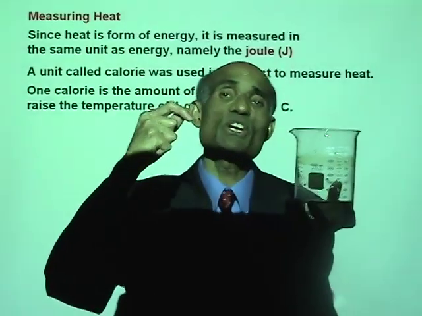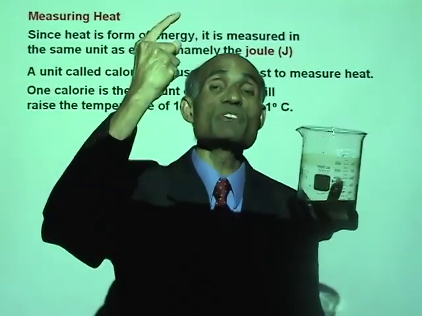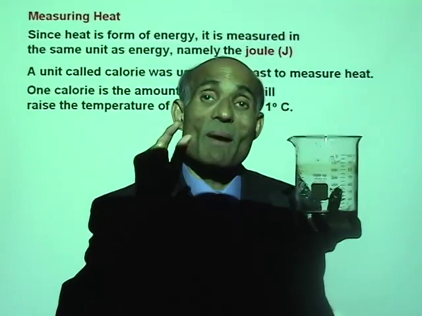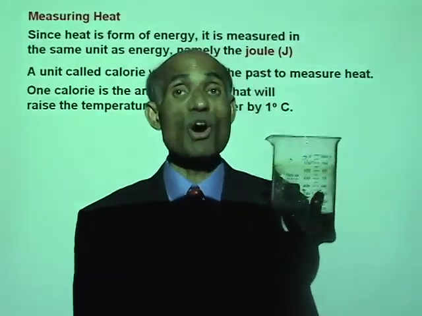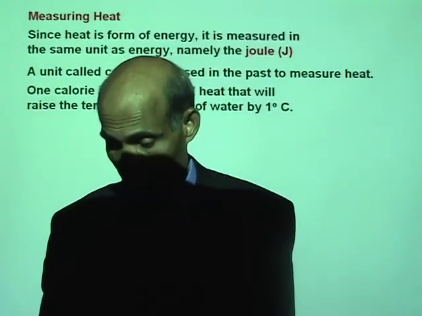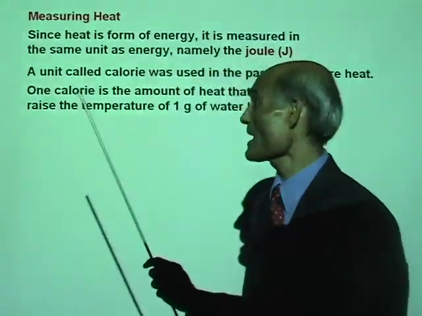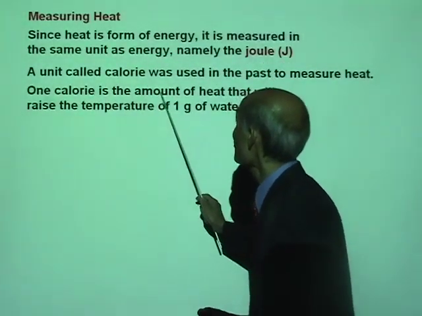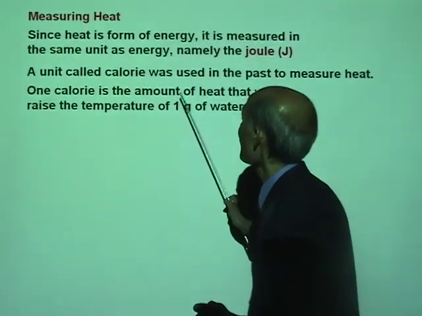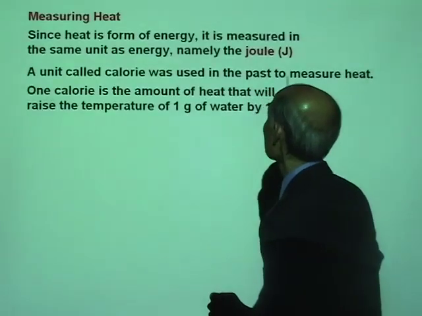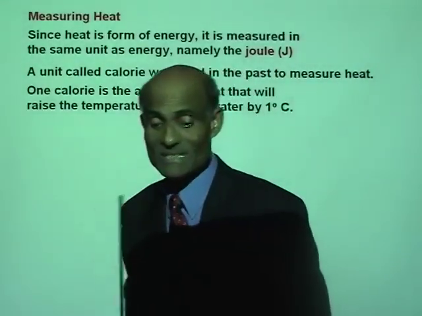And if I want to increase its temperature by 1 degree Celsius, the amount of heat I need to give is called a calorie. So the definition of a calorie: 1 calorie is the amount of heat that will raise the temperature of 1 gram of water by 1 degree Celsius.